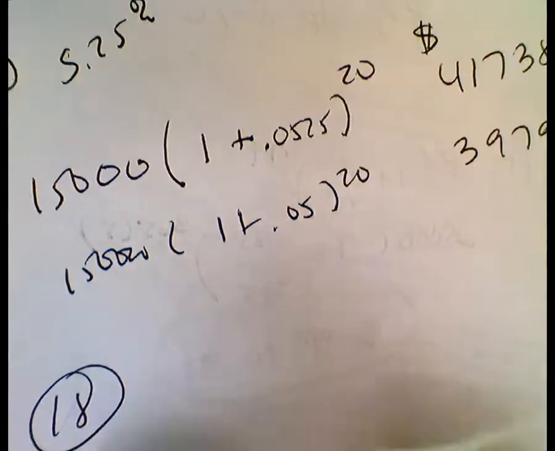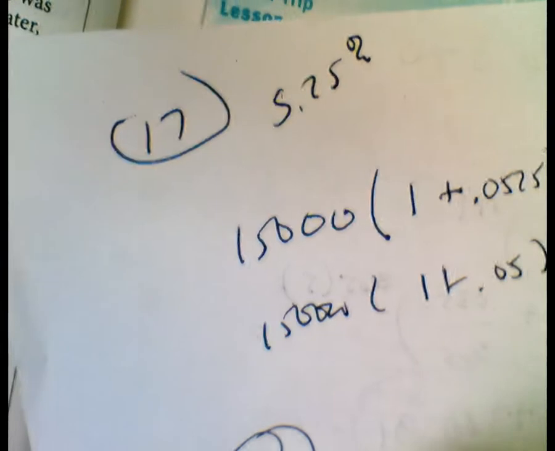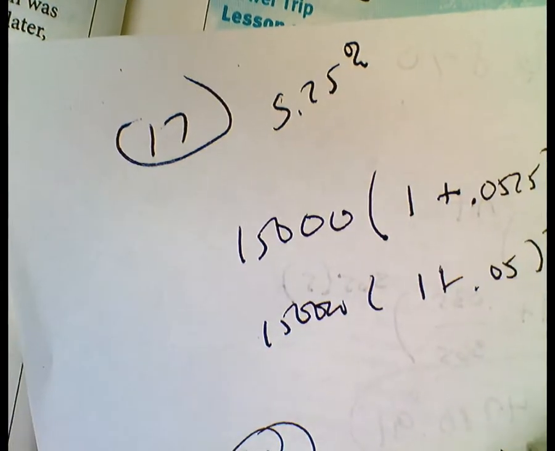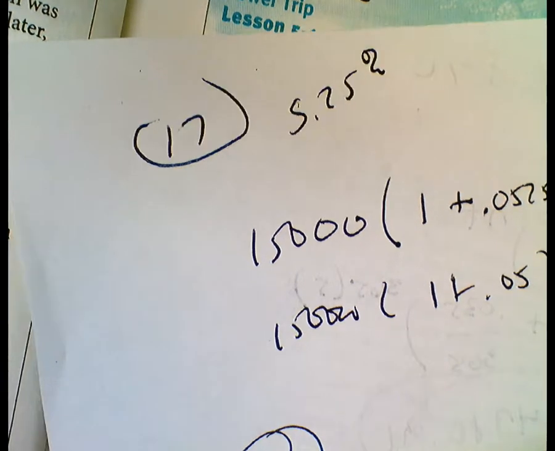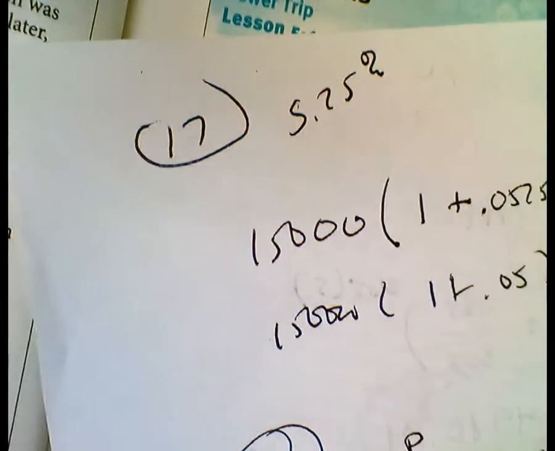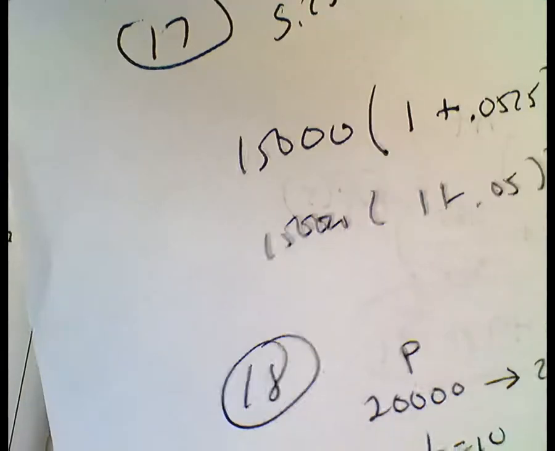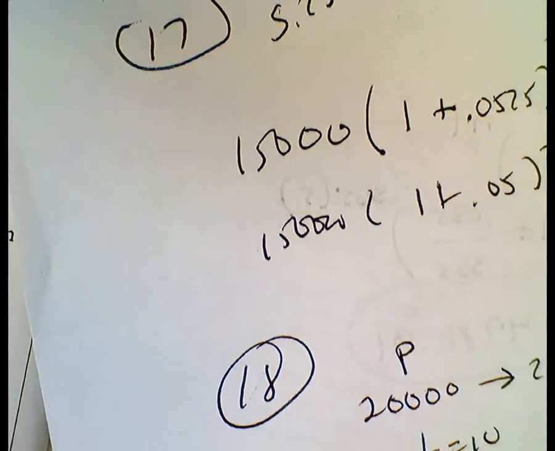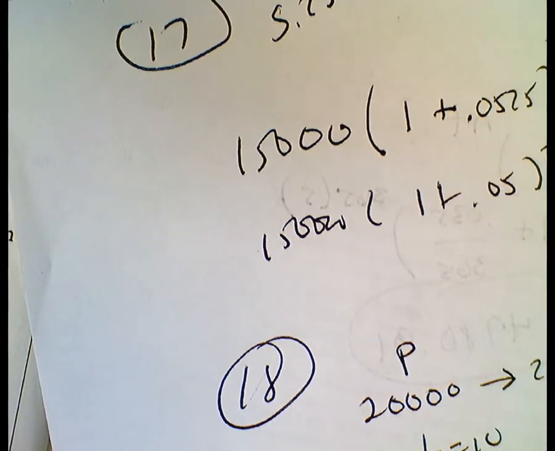All right, 18. If the balance of 20,000 grew to 29,816.66 in 10 years, this is P and this is A, determine the rate of interest. Okay, so here's our formula.